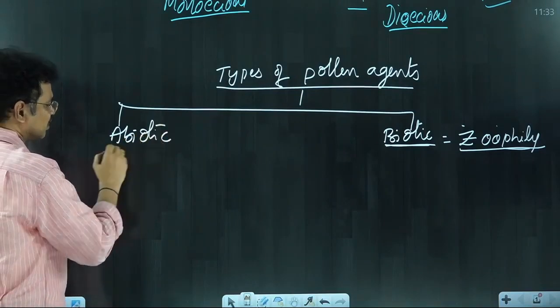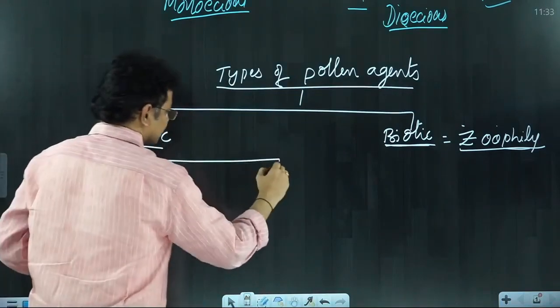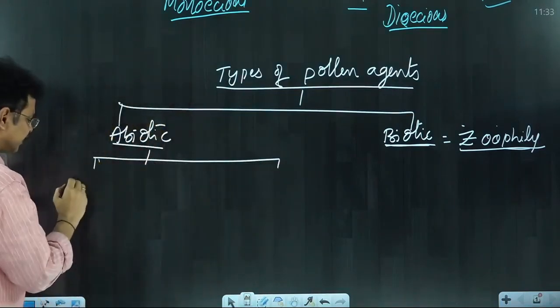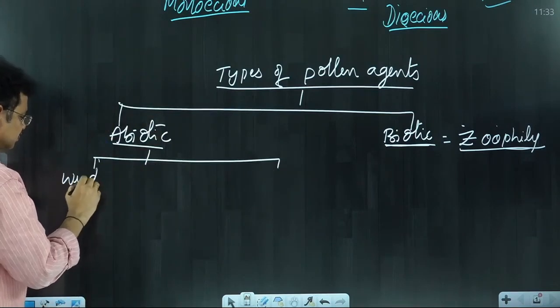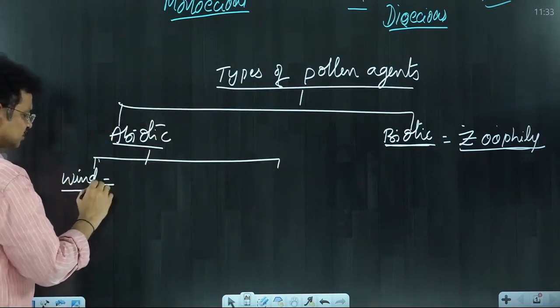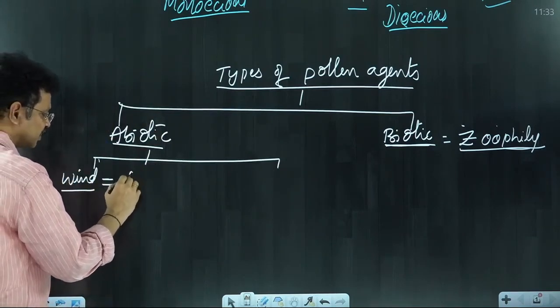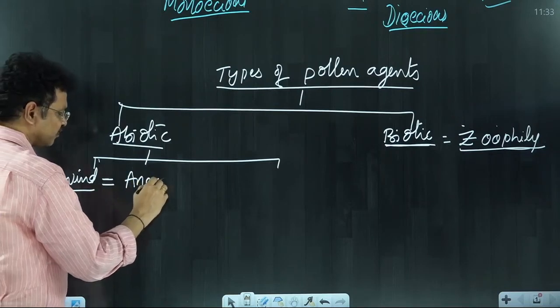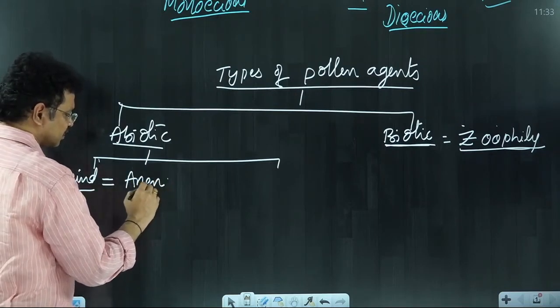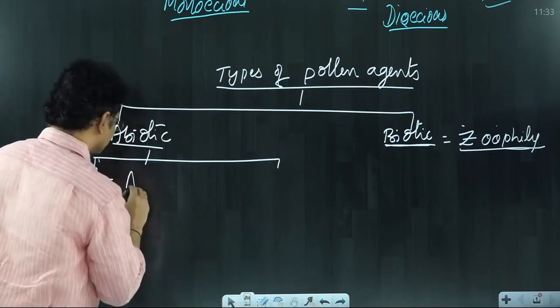Abiotic agents are non-living agents. If the non-living agent is the wind, it is called wind pollination or anemophily.